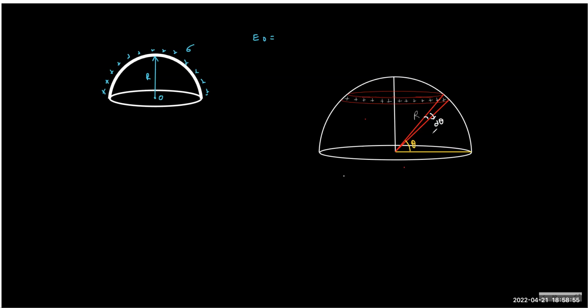So if this is the r, this is the theta, this is the theta, the ring is this, no? This is the ring. And from the center of the ring, if you look at the O point, the distance is how much?